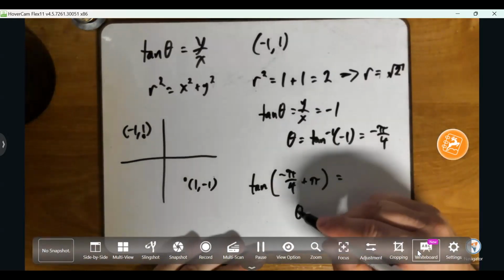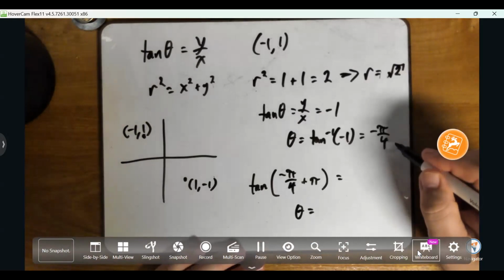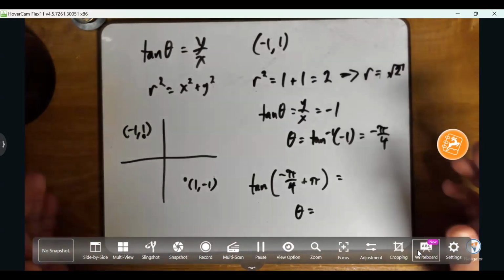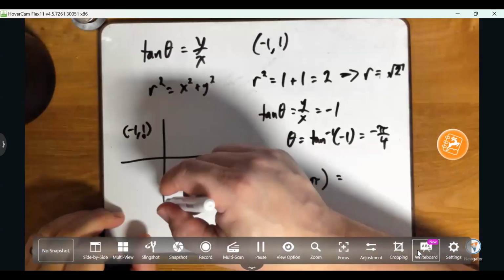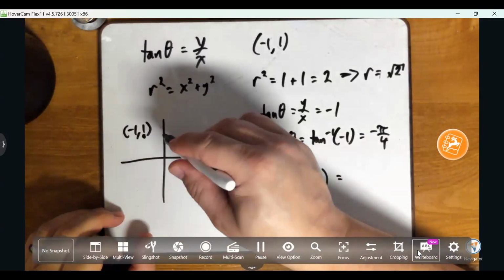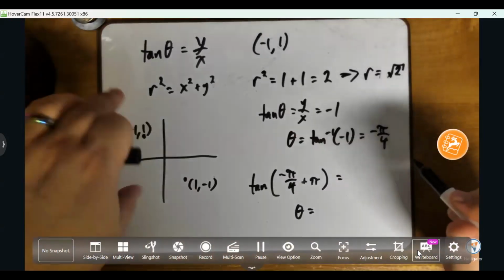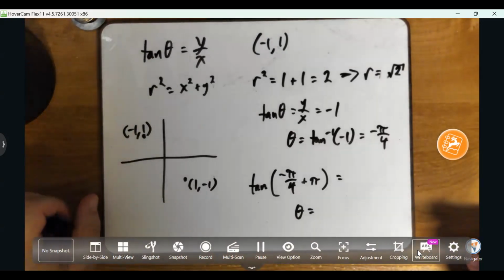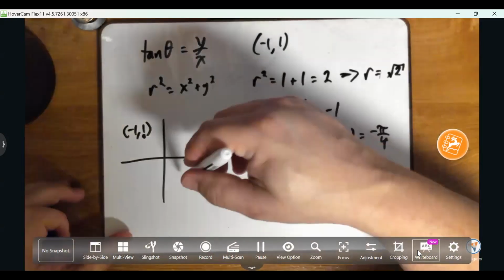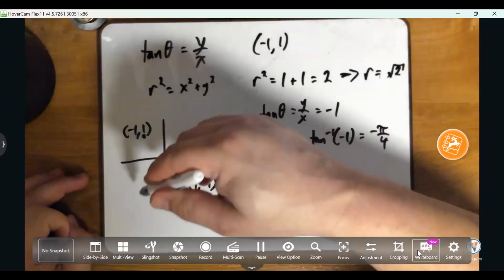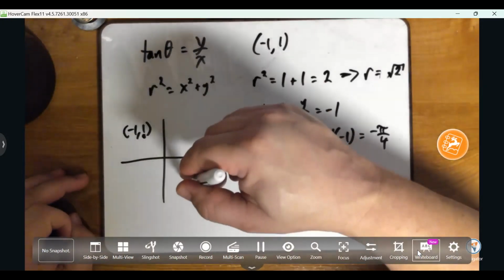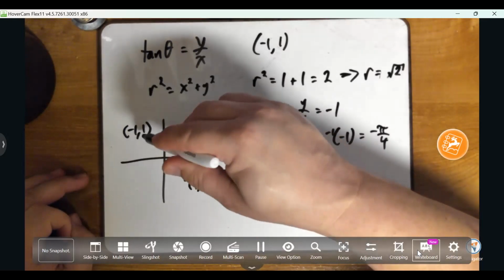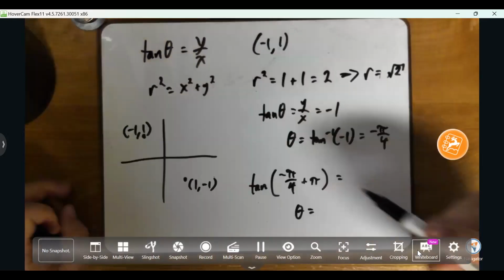And so theta, instead of being just the output of the inverse tangent function, because remember, inverse tangent is only defined from negative pi over 2 to positive pi over 2. When you're outside that range, you need to adjust. Your inverse tangent might give you something over here, and you have to adjust to get to here. In this case, it tells us the point is down here, but we know the point is in the second quadrant, not the fourth.